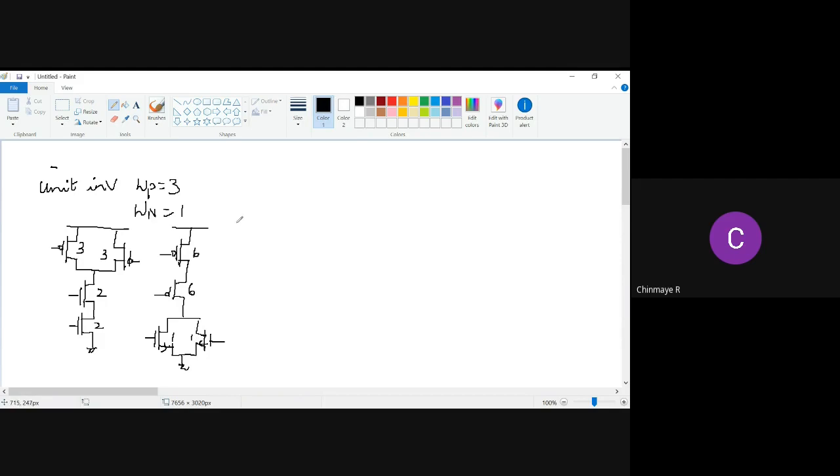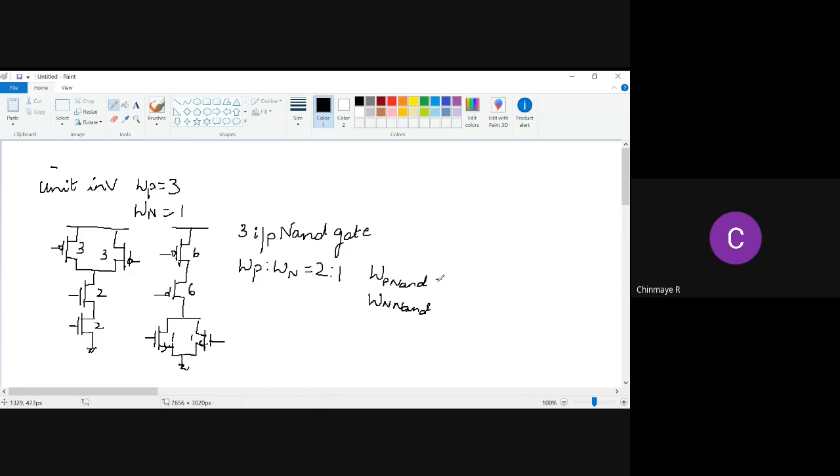Now, I'm not going to draw, but can you tell me for a 3-input NAND gate, if WP to WN is 2:1, then what will be WP NAND and WN NAND for a 3-input NAND gate?